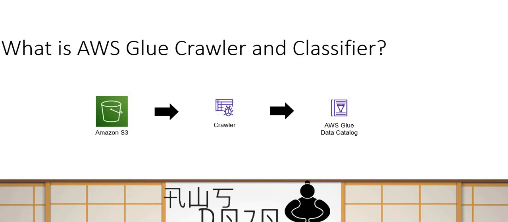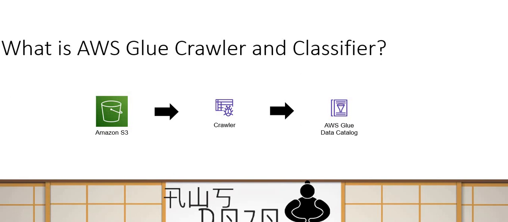Suppose you have a CSV file in your S3 bucket, or a JSON file, or an XML file, or your data source is a DynamoDB table, a relational database table, or Redshift. How would the crawler come to know the schema of it, the catalog details of it?